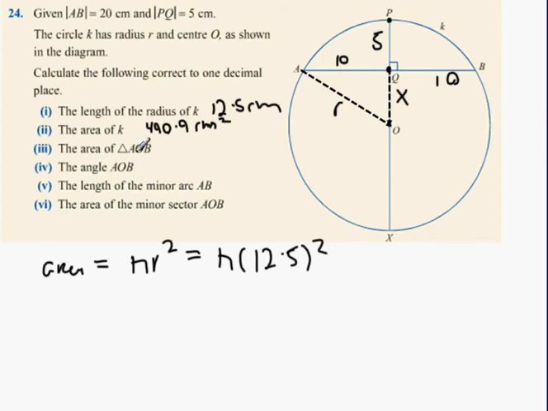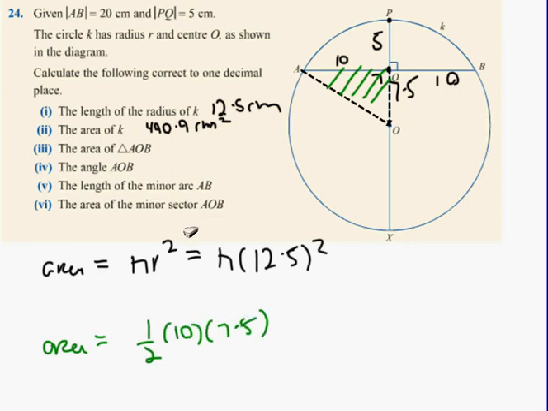Find the area of the triangle AOB, AOB being this triangle here. Now, I could do a half base by height on each one, because I know that the x value is 7.5 and this is a right angle triangle. So the area of this triangle here equals a half base by height, which is a half times 10 times 7.5.